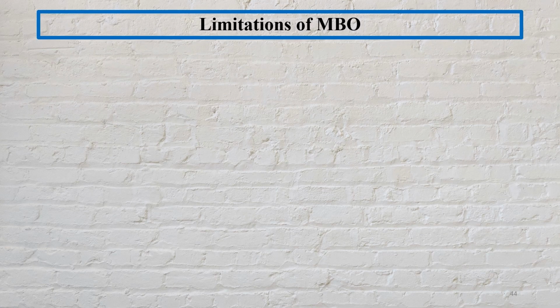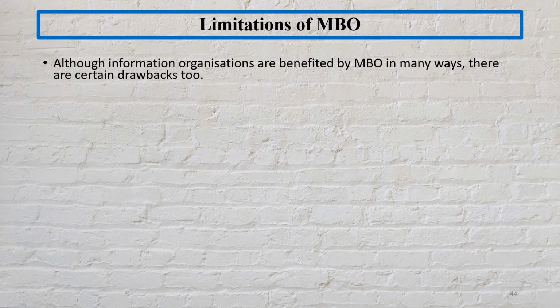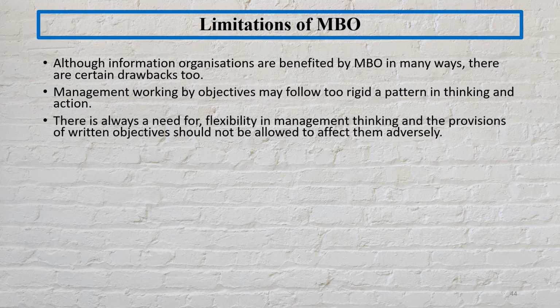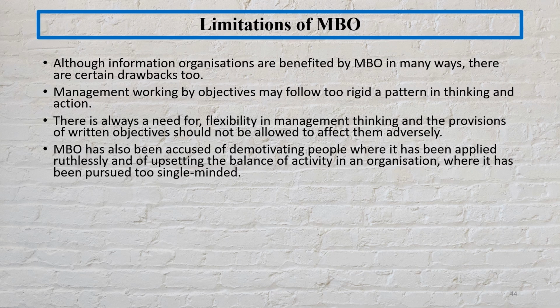But there are limitations of MBO also. Although information organizations are benefited by MBO in many ways, there are certain drawbacks. So what are those drawbacks? Management working by objectives may follow too rigid a pattern in thinking and action. There is always a need for flexibility in management thinking, and provisions of written objectives should not be allowed to affect them adversely.